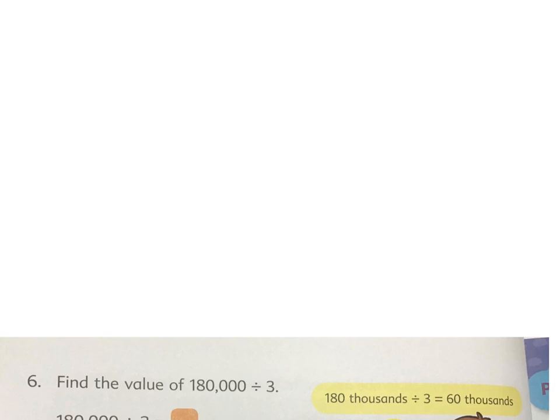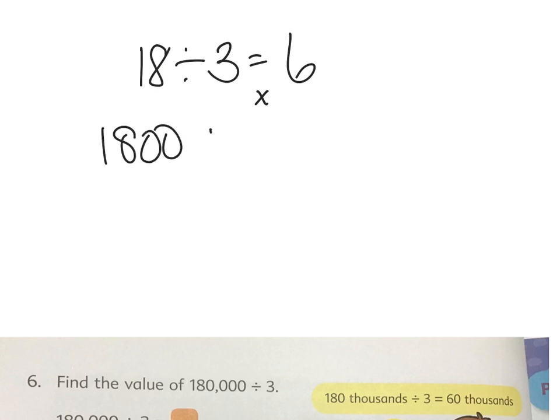First, I'm going to ask you a simple problem. 18 divided by 3. If you know your facts well, you'll know automatically that that is 6. 18 divided by 3 is 6, or 6 times 3 equals 18. Those are math families. Now, if I say 1800 divided by 3, what is that going to be? That's going to be 600.